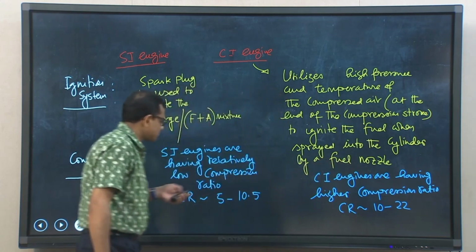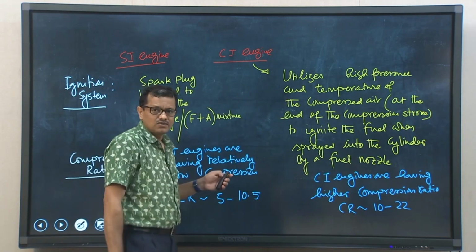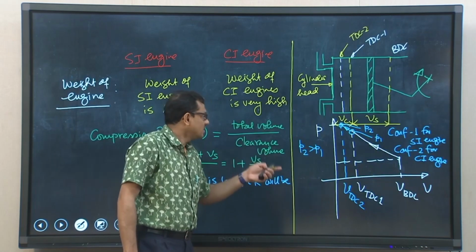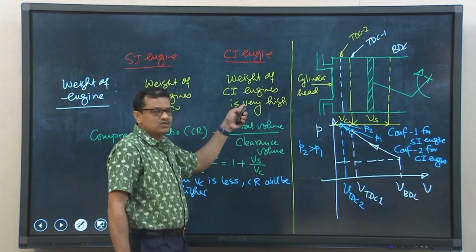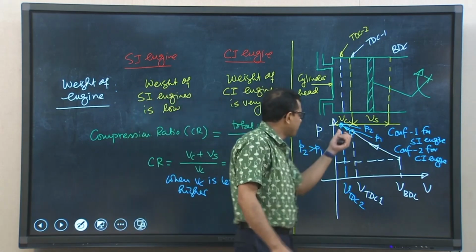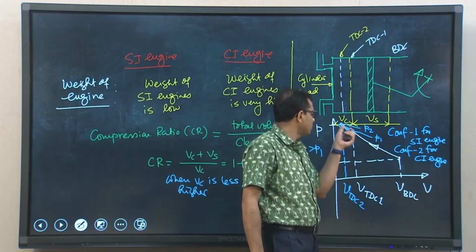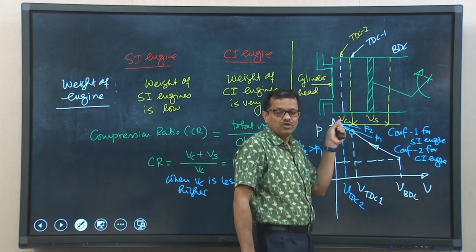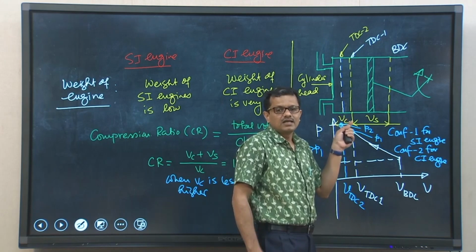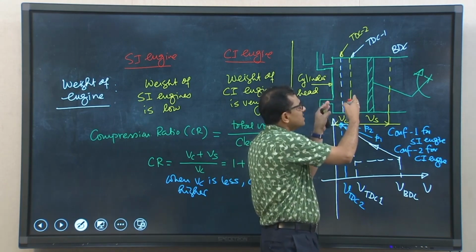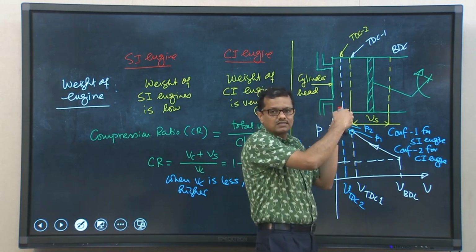Now, question is, that is what we have understood, but issue is if the compression ratio is high, then we have seen that the weight is also very high. Why? Because you know that pressure for the higher compression ratio, pressure developed inside the cylinder is very high. So, to withstand that pressure, basically that time both valves are closed and engine cylinder is acting like a pressure vessel.